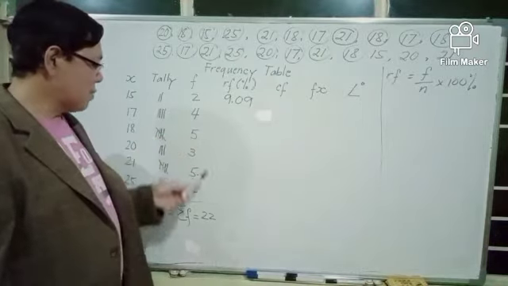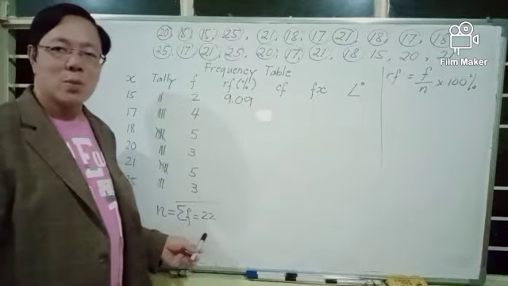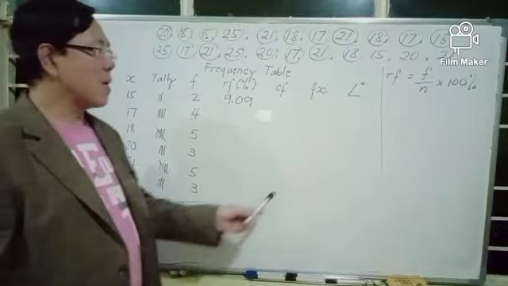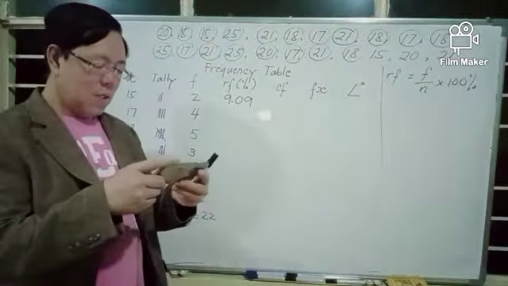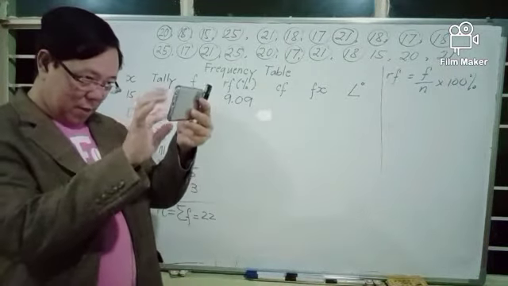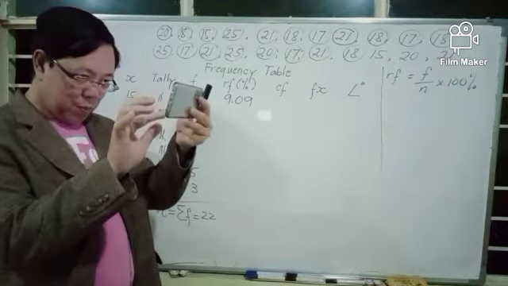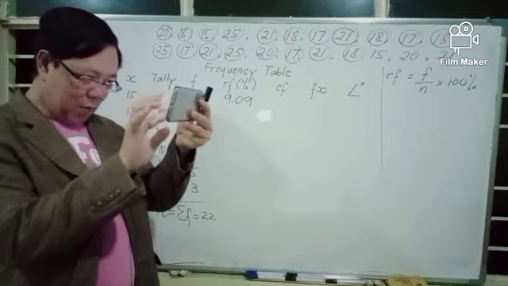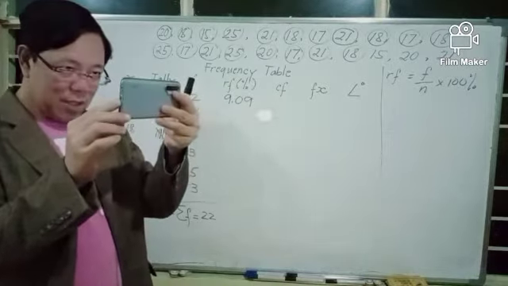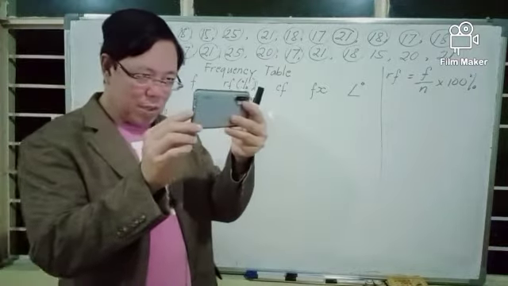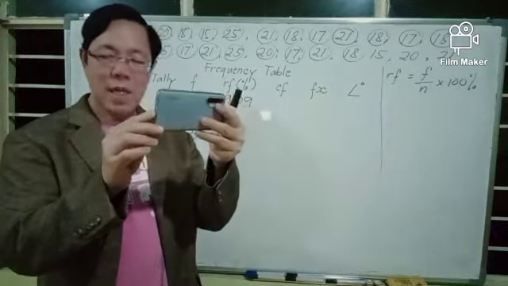We divide 4 by the sample size of 22 and multiply by 100%. We have 4 divided by 22 multiplied by 100%. And you should get 18.1818.